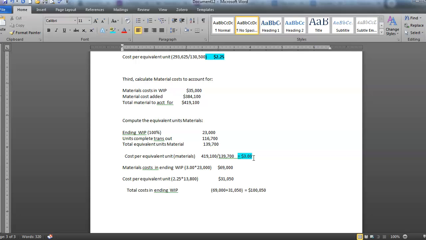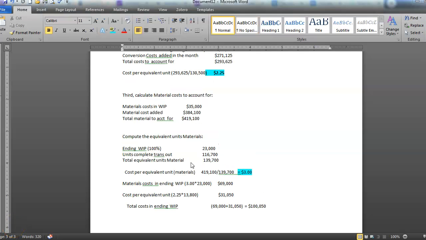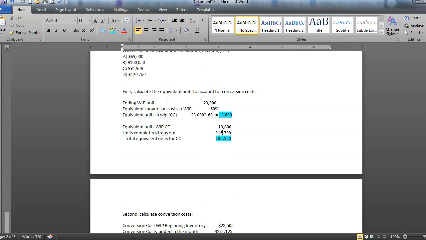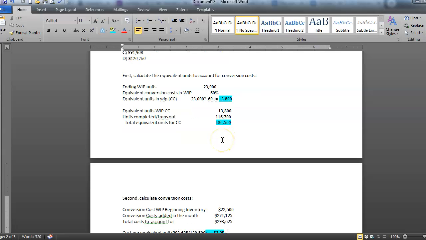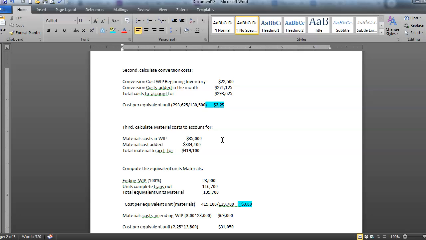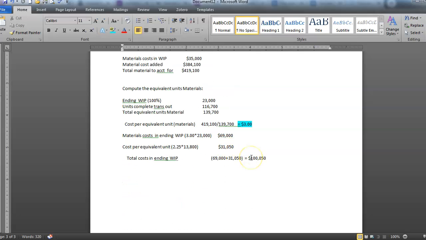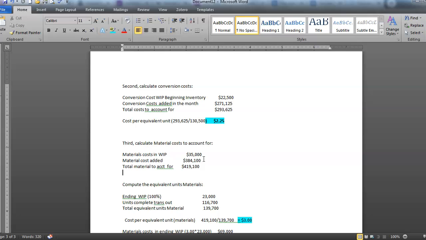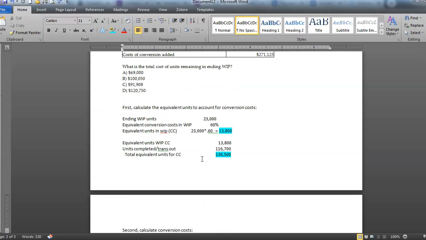Being said, this particular problem has a number of different calculations that you'll need to do. The essence of this activity exhibits some important concepts. You will need to perform a number of calculations in order to compute the costs in the ending WIP account. The most important thing, I believe, is knowing that you have to account for your units first.